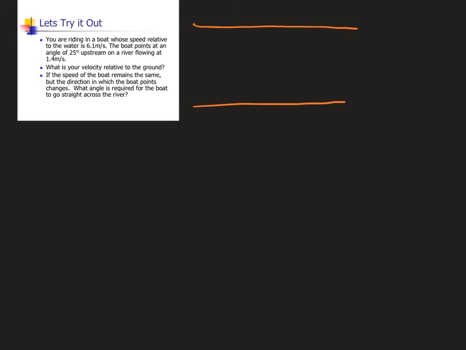I have the water, and I will use some arrows as the water is flowing. All of those arrows should be about the same if I had drawn them perfectly, and they would be moving at 1.4 meters per second. So I'll write 1.4, and on one of them I'll write meters per second.